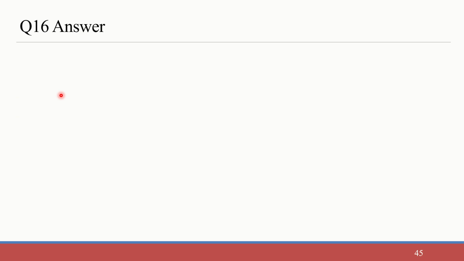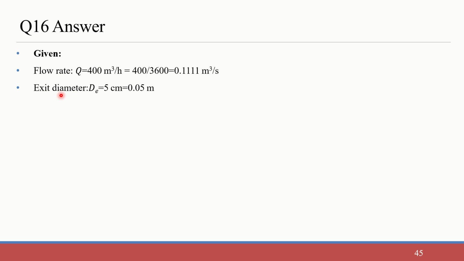So how is it? Q is 400 meter cube per hour, which is given in the question, and we are converting meter cube per hour into meter cube per second. So 400 divided by 3600 gives us 0.111 meter cube per second, and the exit diameter is mentioned as 5 centimeter. Cross sectional area at the exit is pi by 4 d square.